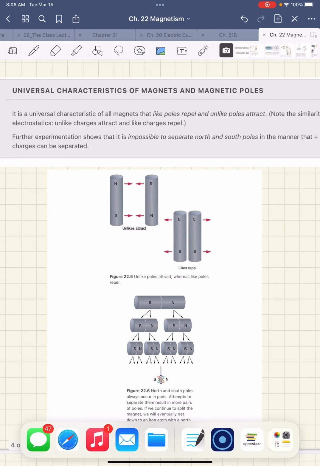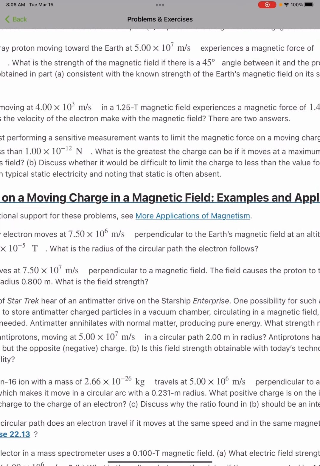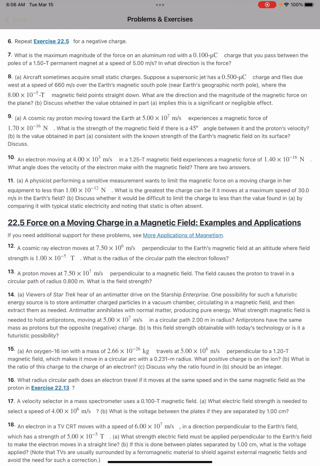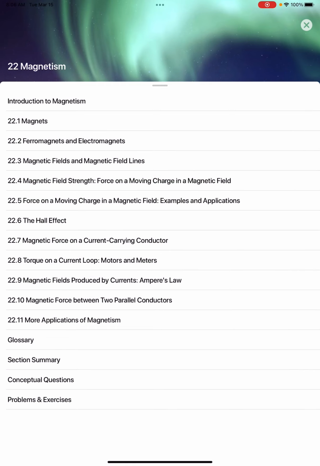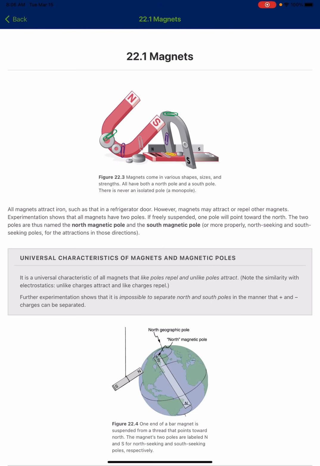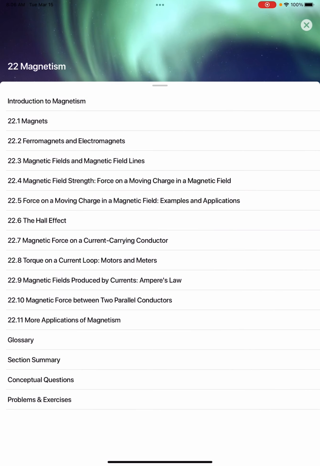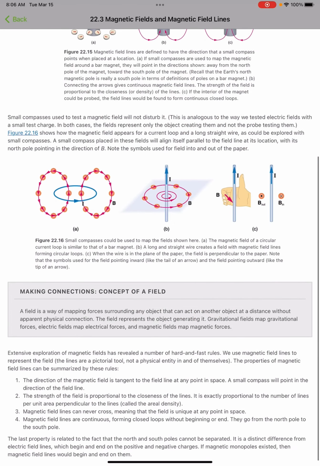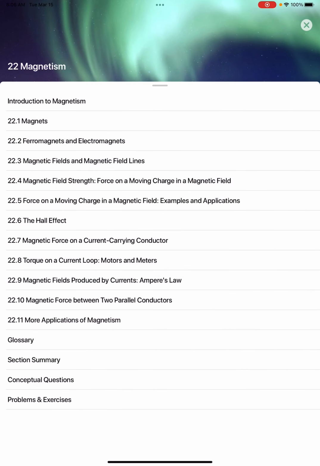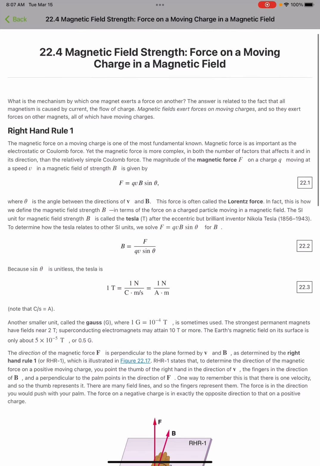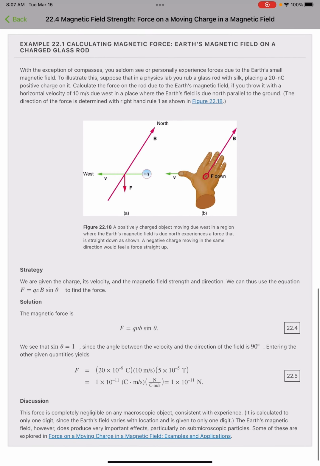Also, I want to share with you the simulation that we have, where we are talking about magnets. Okay, I lost it. Where did I get it initially?